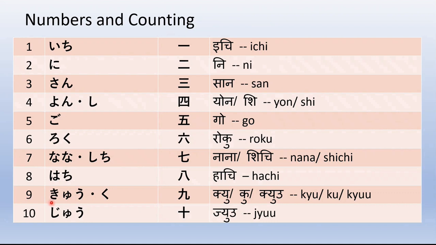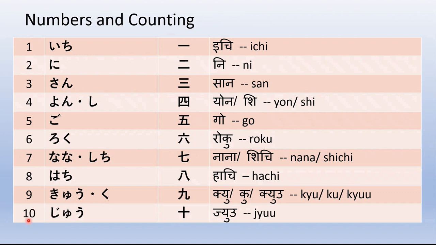Here you can see there is a blended sound. Ki plus u is kyu, and there is one additional u. So it's a long sound at the end, kyuu. And at times it is also called ku. We will see when this ku is used explicitly.